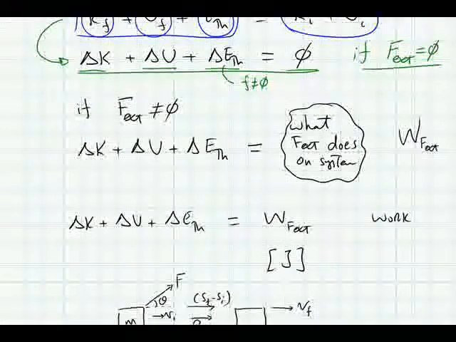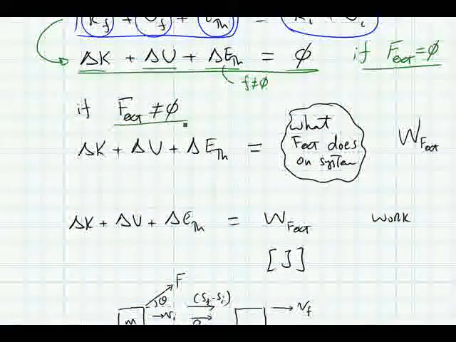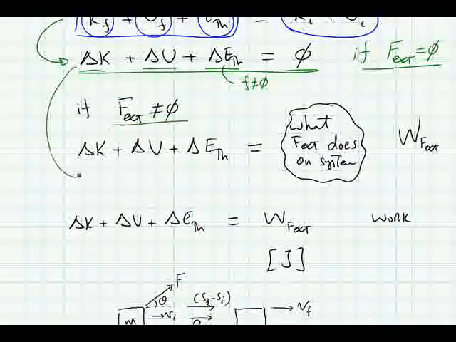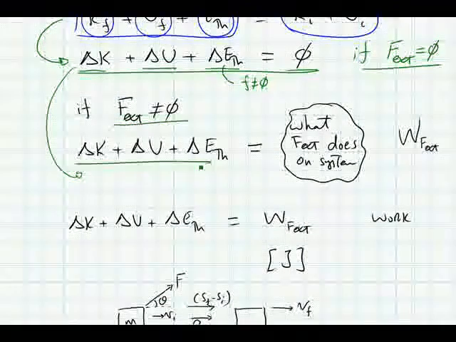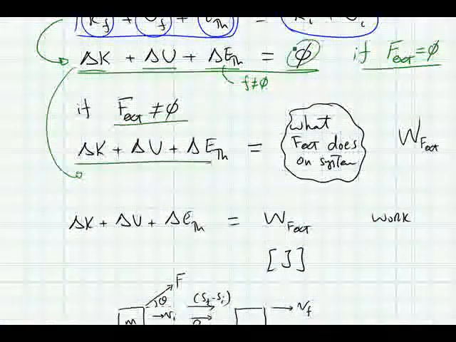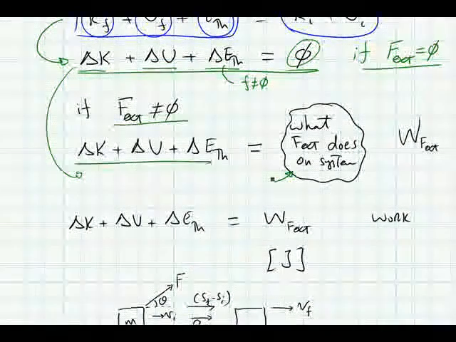Now let us consider the case where external forces are non-zero. So there is an external force in the system. Rewriting this equation at the top here, we have delta K plus delta U plus E thermal must equal, so rather than 0, now we have what F external does on the system.